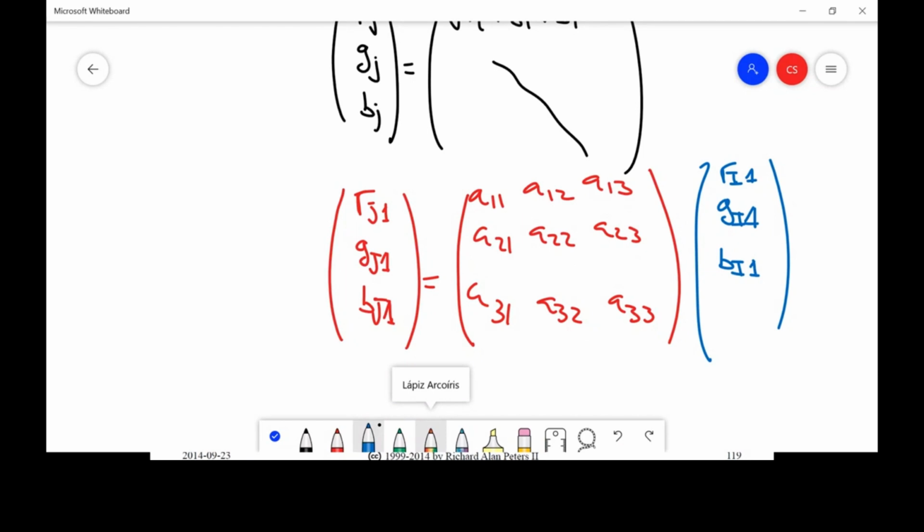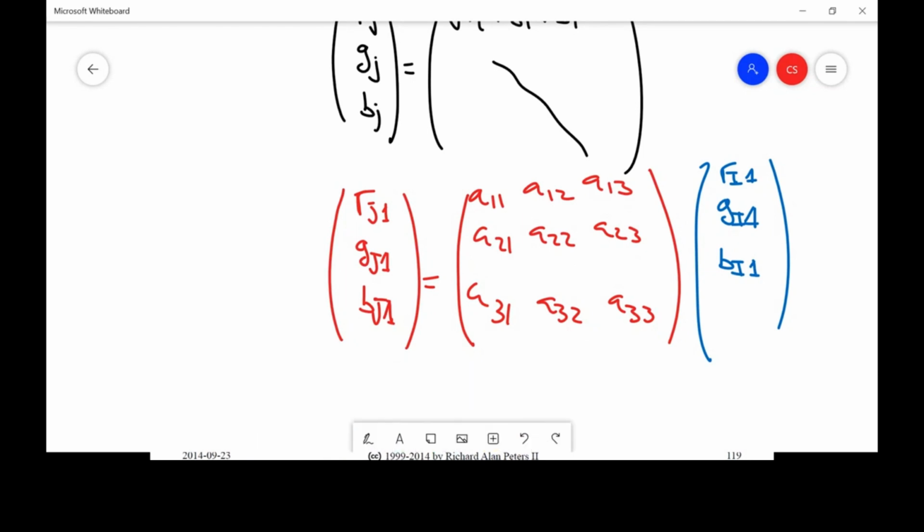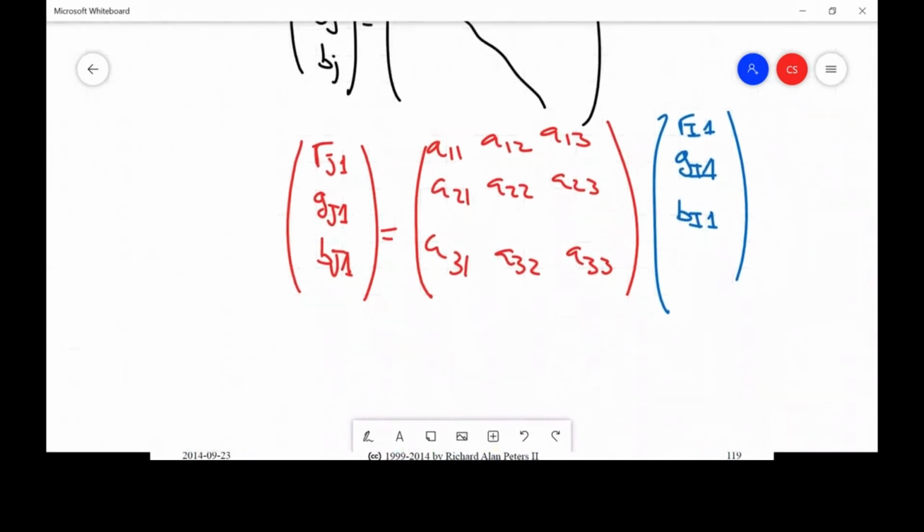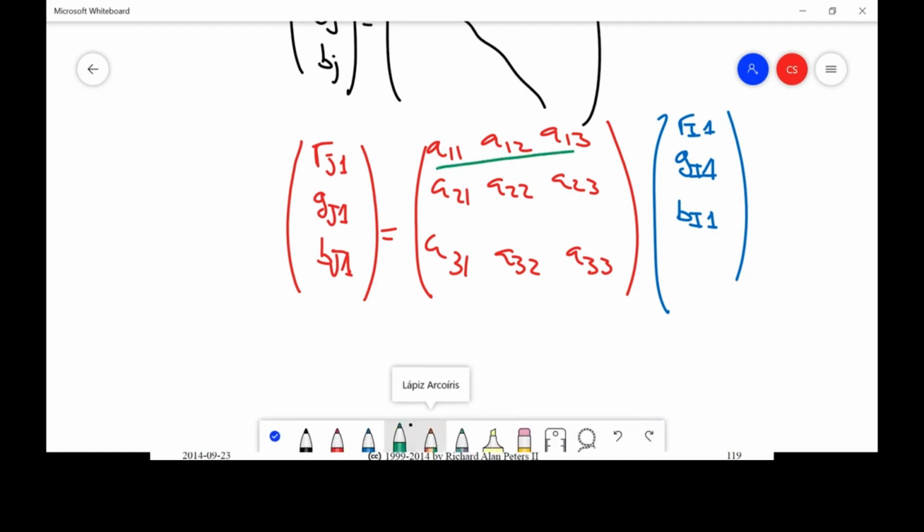Okay, so if I have a pairing, how many equations do I have? 3. So this multiplied by this has to be equal to this thing.